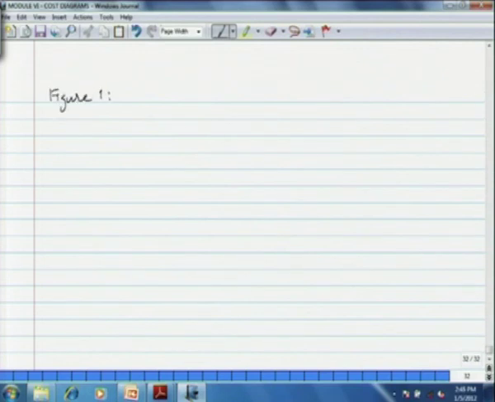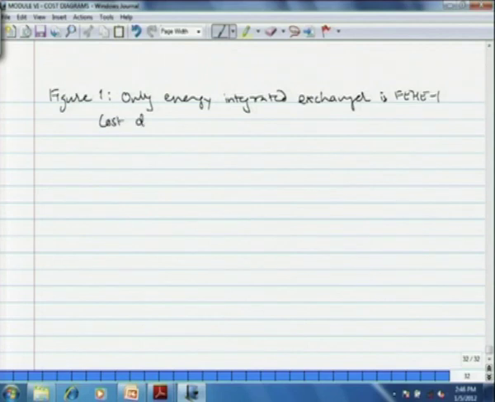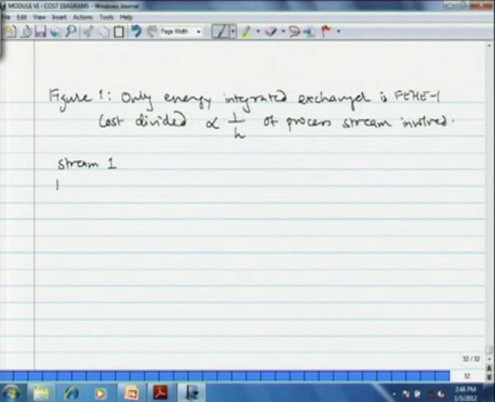Figure 1. Only energy integrated exchanger is FeHe1, okay, cost divided in proportion of inverse of the film coefficient that we denote by H of the process stream involved in it. Stream 1 in the exchanger is reactor feed.